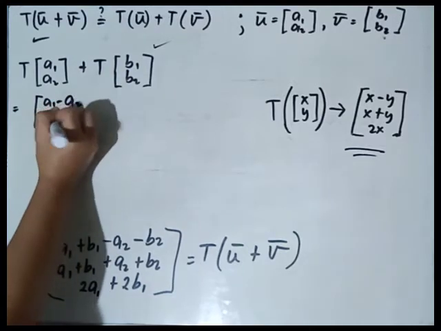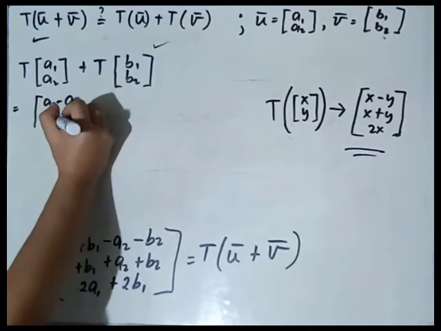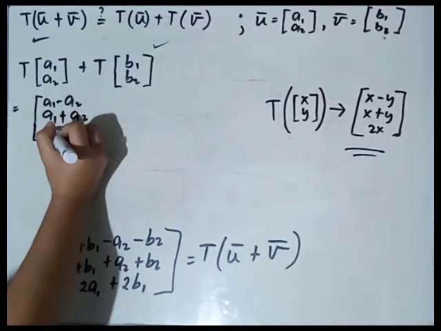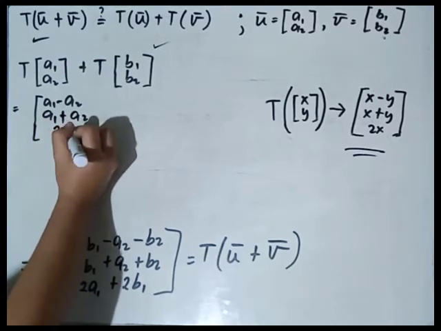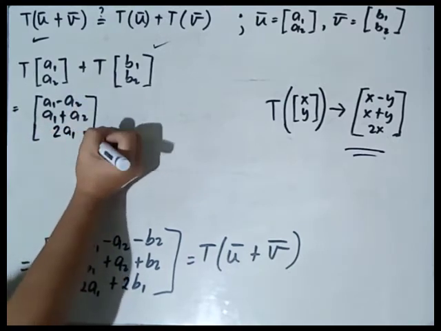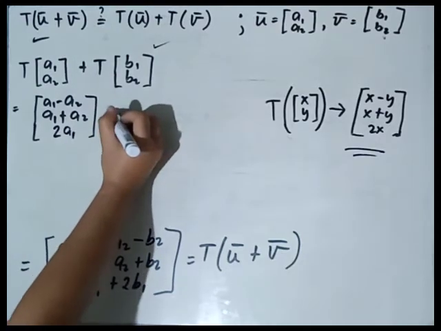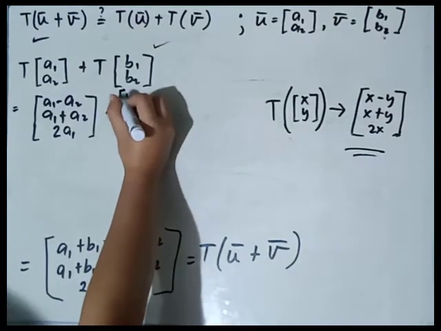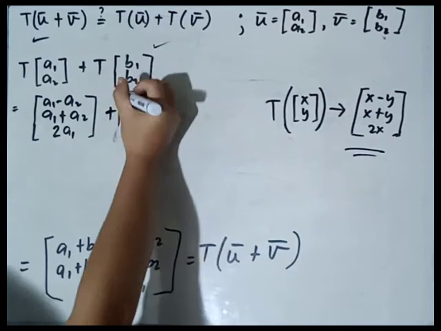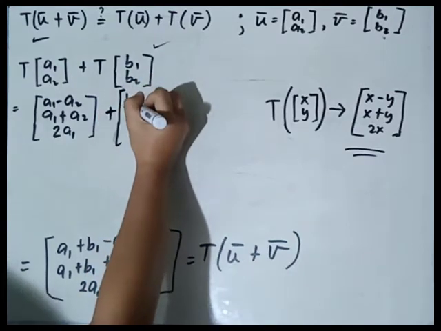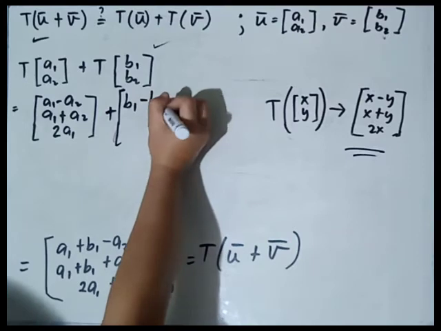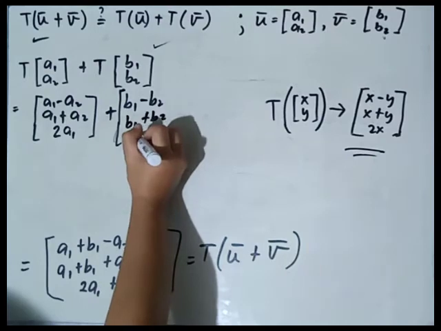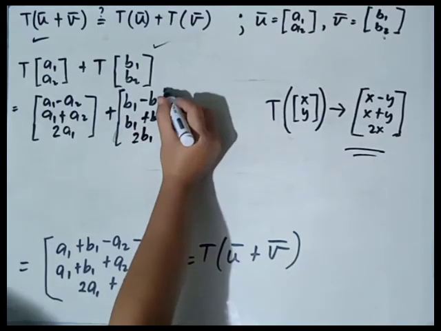Again, the first component, a sub 1, plus the second component, a sub 2, and we have to double our first component, so that is 2a sub 1, plus, so we have b sub 1 minus b sub 2, b sub 1 plus b sub 2, and twice b sub 1.